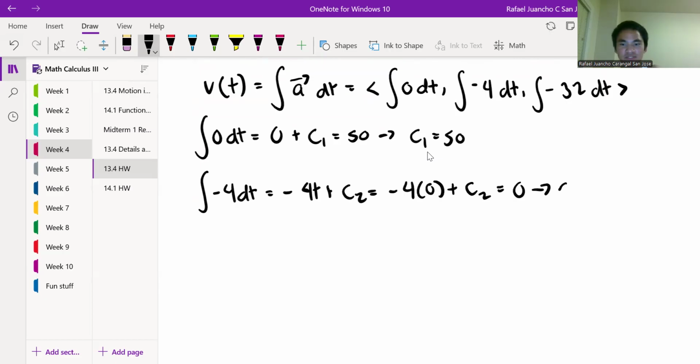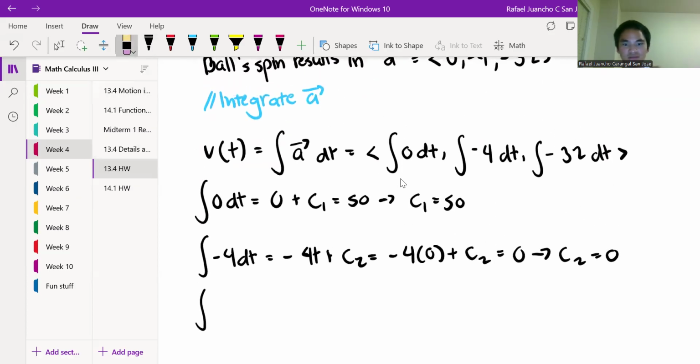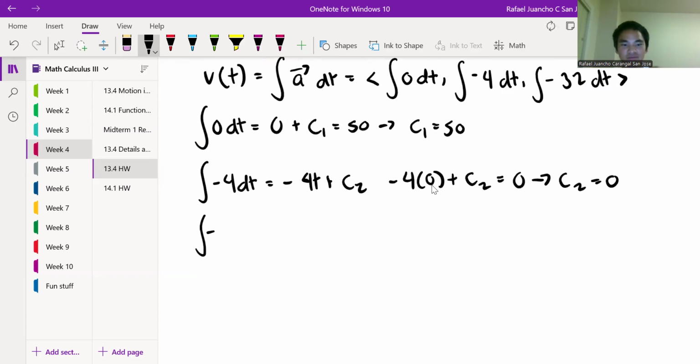I get a 0. So my c2 is just a 0. Then lastly, I do the same thing here. Is it a minus? Yeah, it was a minus. I have a negative 32. Yeah, and here I do the same thing. My bad.